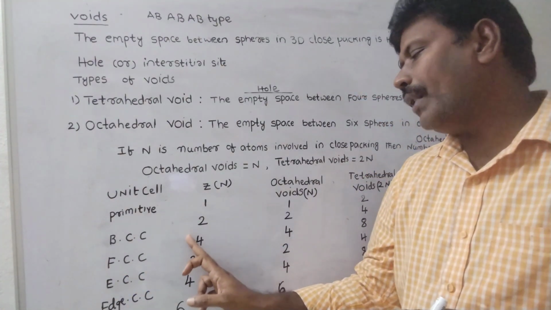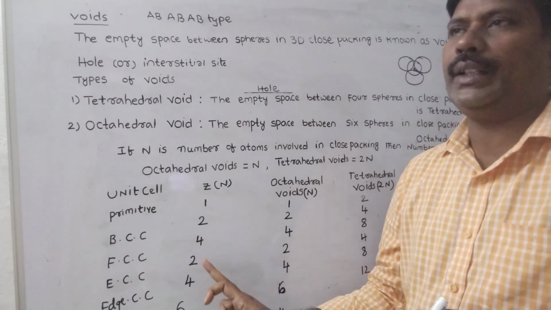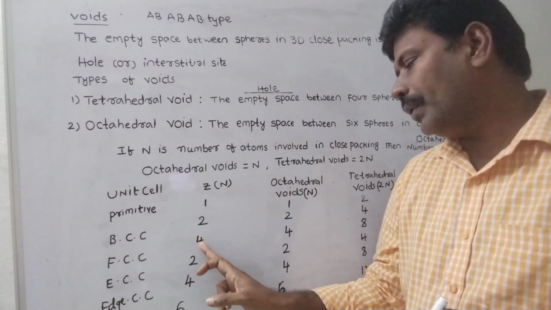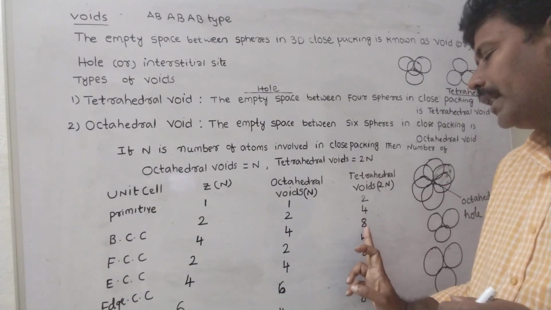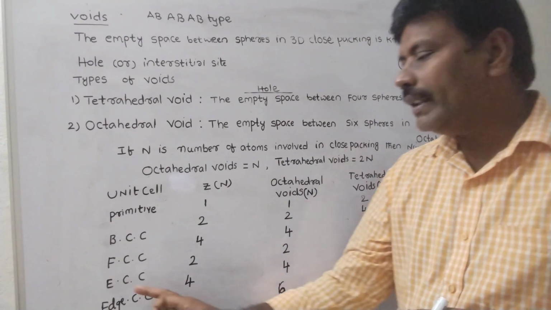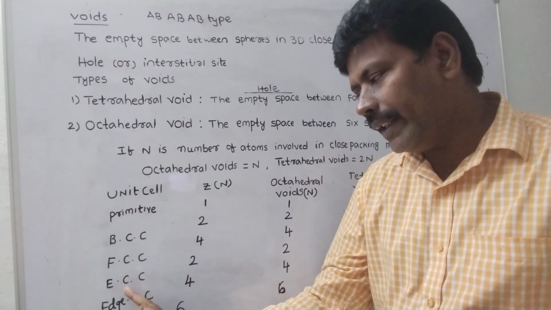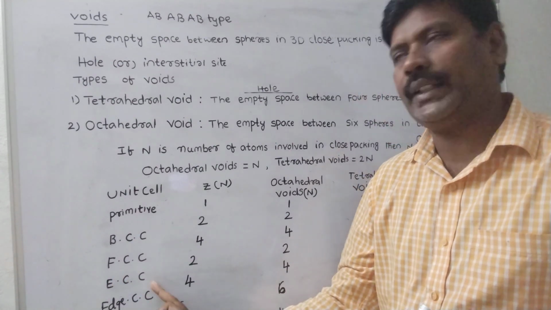FCC, the Z value is 4. The number of atoms in the unit cell, known as the Z value, is 4, so automatically octahedral voids are 4 and tetrahedral voids are 8. ECC means end centered cubic unit cell.